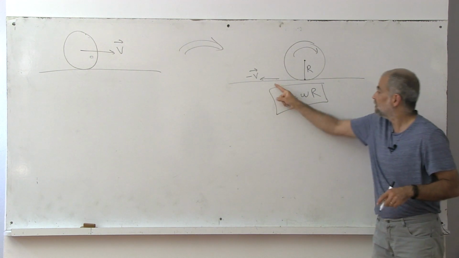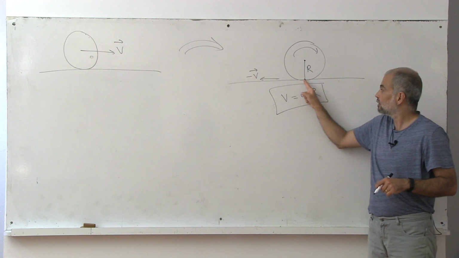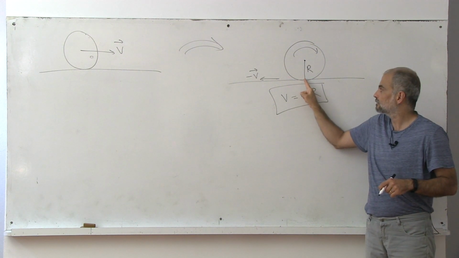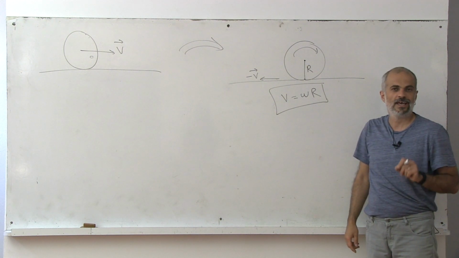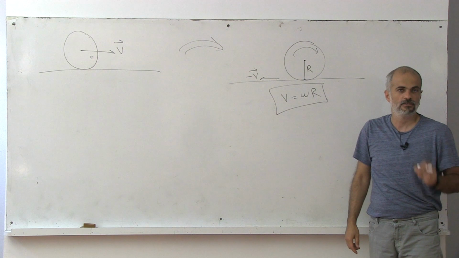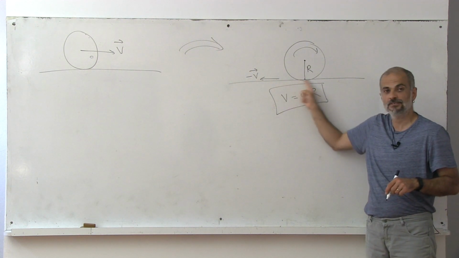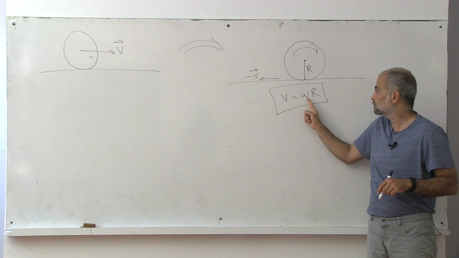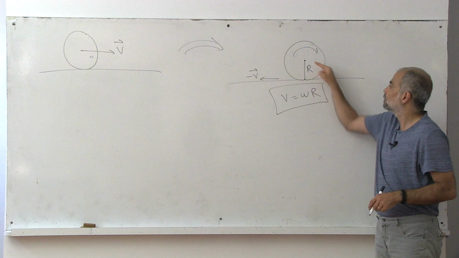So if the ball is not slipping, then the point on the ball that touches the surface has exactly the same speed as the surface.